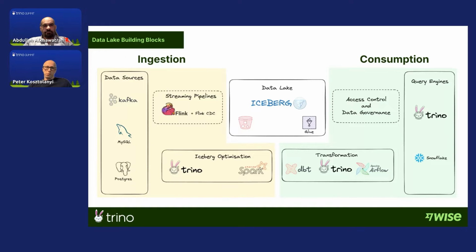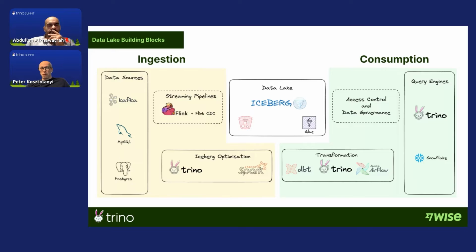From the ingestion part, I would categorize our data sources into three buckets. First, we have a lot of Kafka topics that we need to ingest into the data lake. We are talking roughly about more than 1,000 topics. And we have MySQL and Postgres data sources, actually MariaDBs.